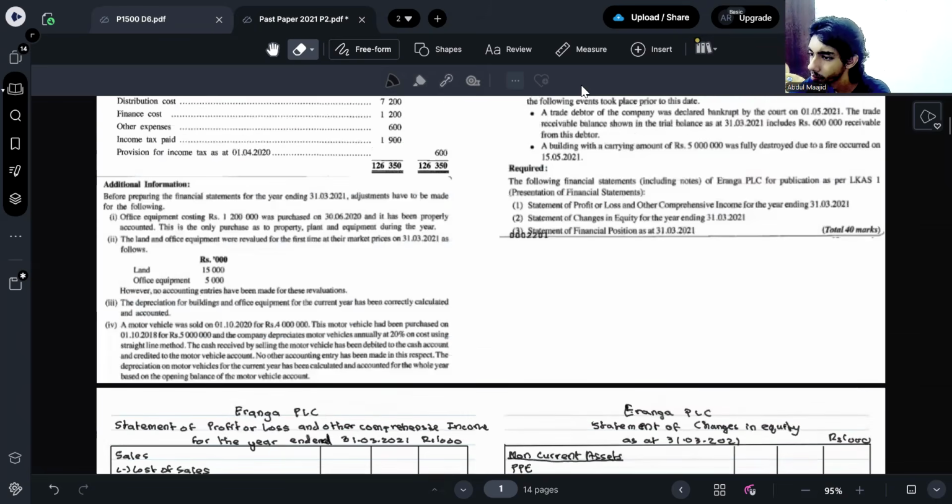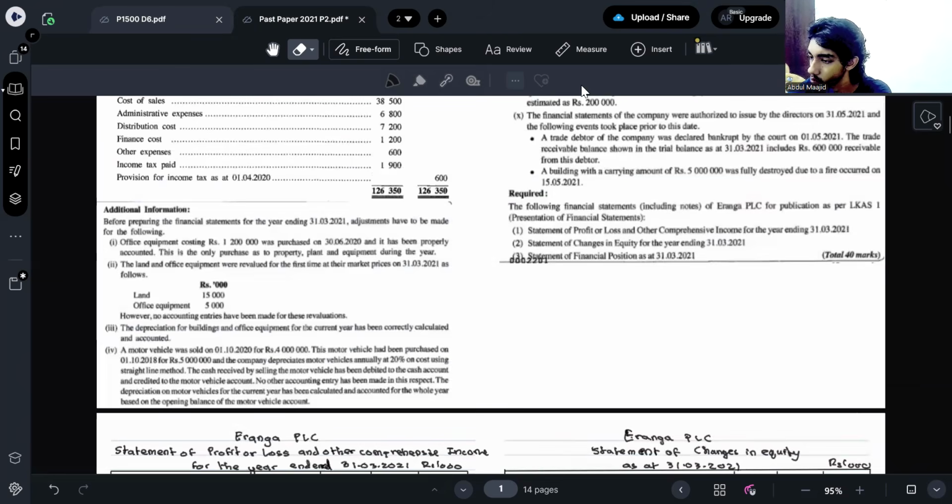Starting off with the first one, office equipment costing 1,200,000 was purchased on 30th of June 2020, and it has been properly accounted. This is the only purchase as to property, plant, and equipment during the year.